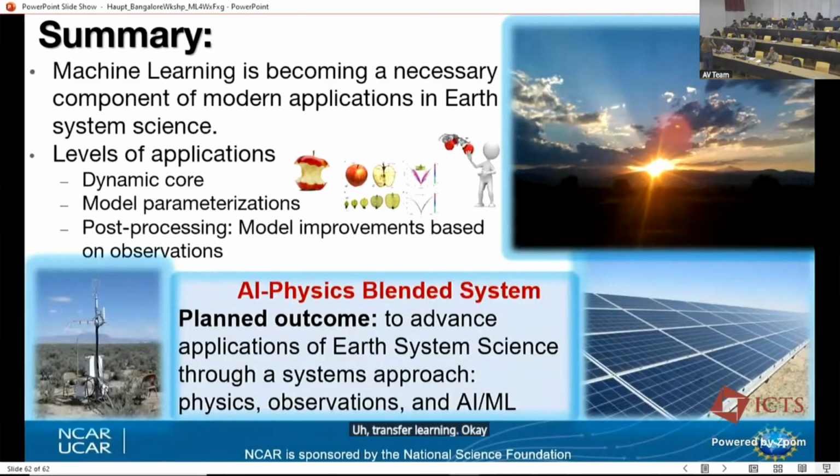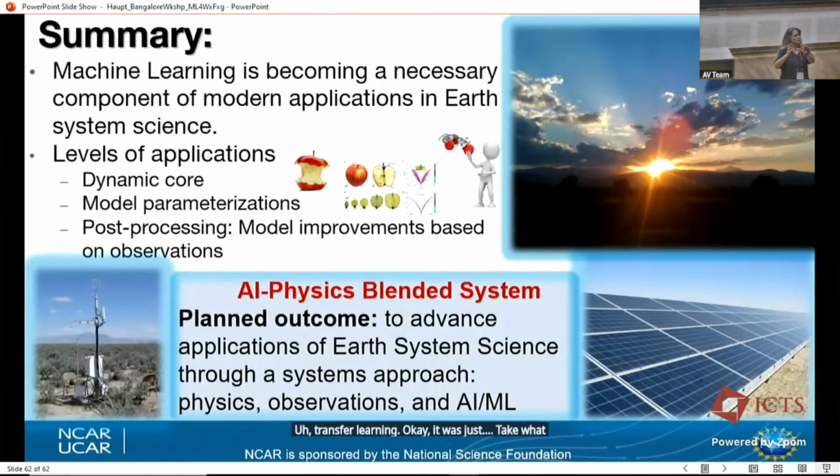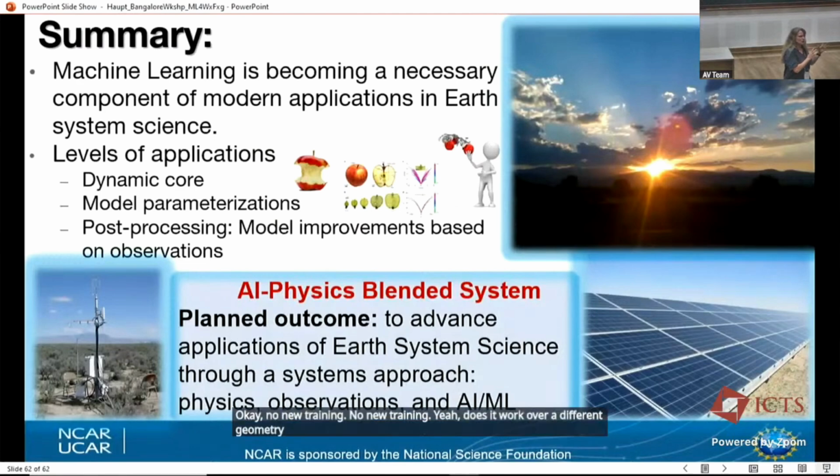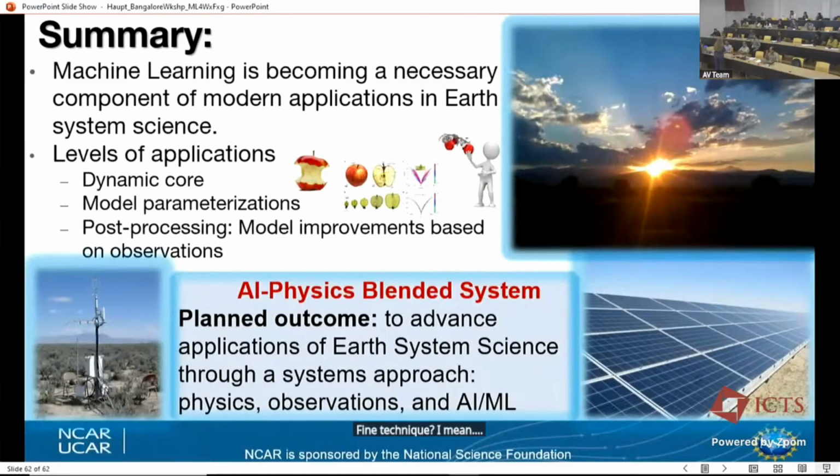Okay, it was just: take what's trained for the eastern part, apply it over the western part. No new training. Does it work over a different geometry? Nearby geometry in this case. We didn't do any fine tuning at all. Not even fine tuning. No.